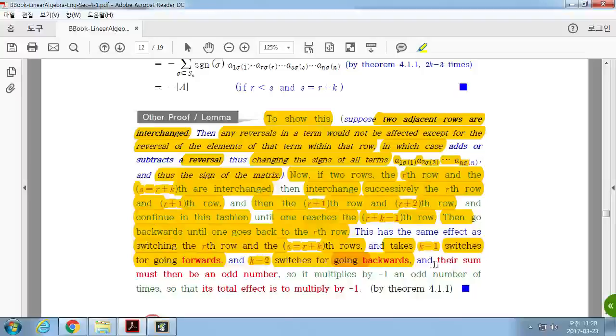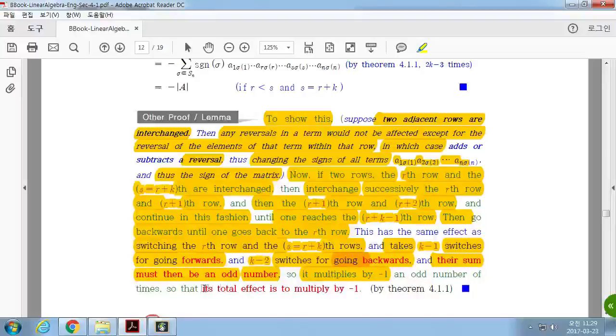So their sum must be an odd number. So when you switch the R-th row and the S-th row, you have an odd number of row changes, which means the sign change should be the product of minus 1 times minus 1 times minus 1, an odd number of times.